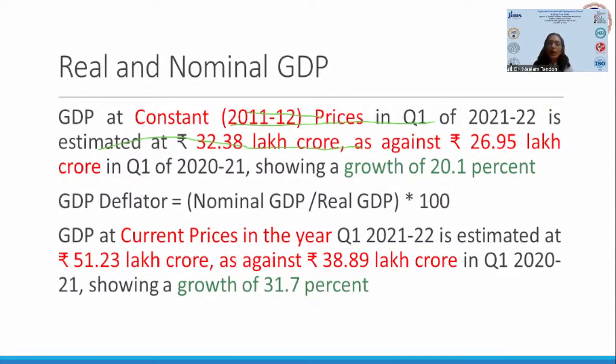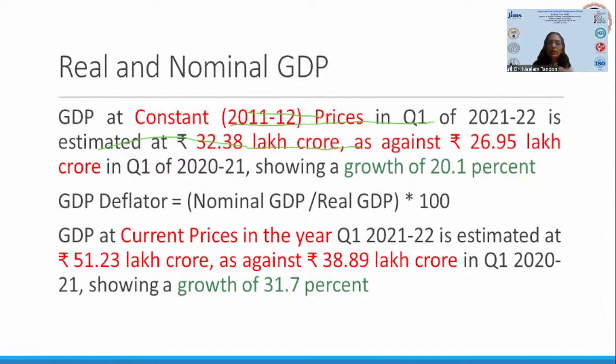You calculate output of the country in 2022, but you take prices of 11 and 12. So whether you're talking about 20, 21, or 22, you're taking output of the respective years, but prices of which year? You're taking 11 and 12. Why are we taking 11 and 12? Because that is what the Government of India has decided as the base year.